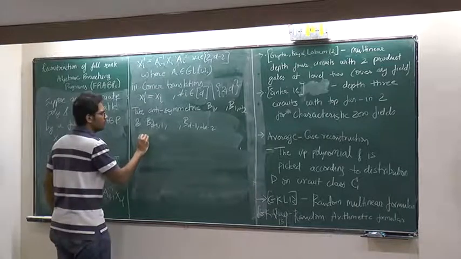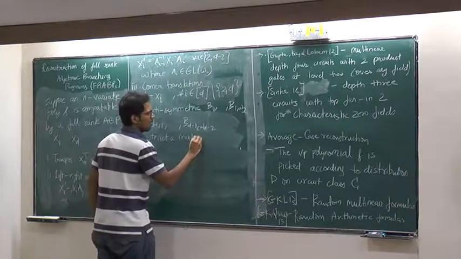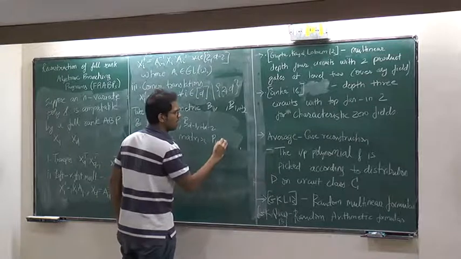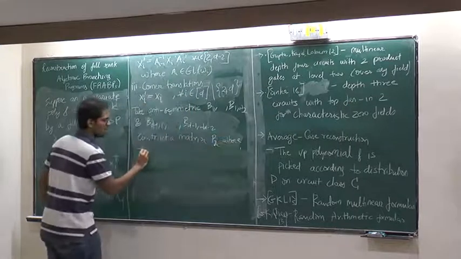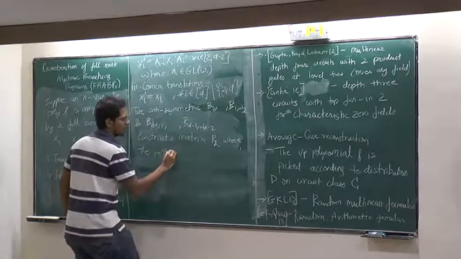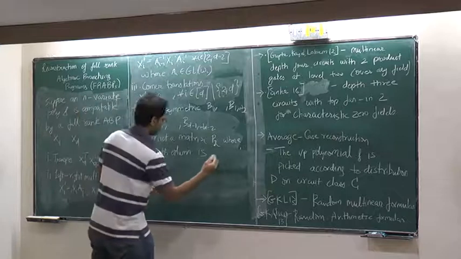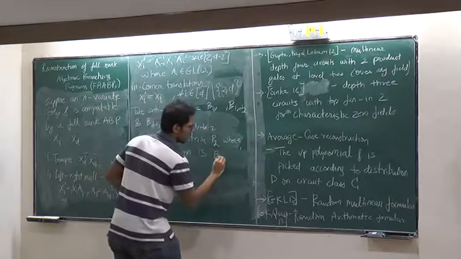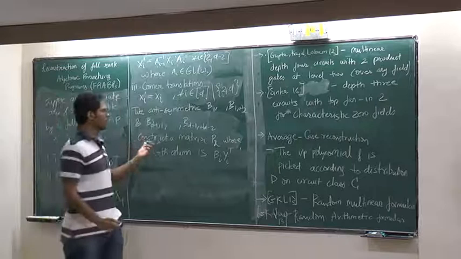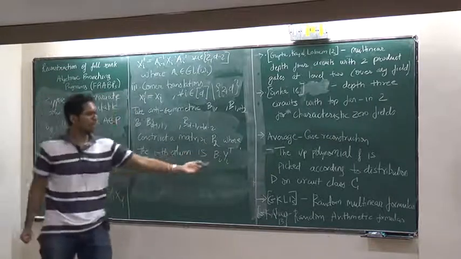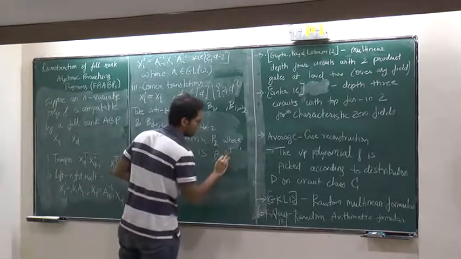So you construct a matrix P2 where the ith column of P2 is Bi xi transpose.